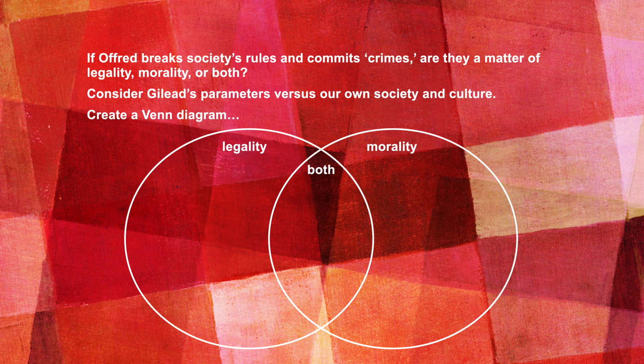If you haven't got a pair of compasses, draw around a flower pot, a plate, or a saucer, or just create a little table, whatever you like. Are her straying across boundaries legal in our world versus Gilead's? Are they simply moral, or do they overlap the both?